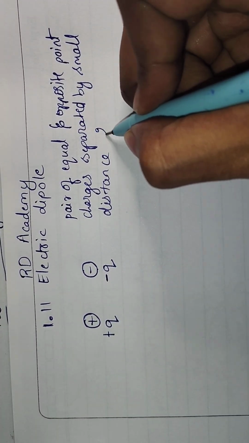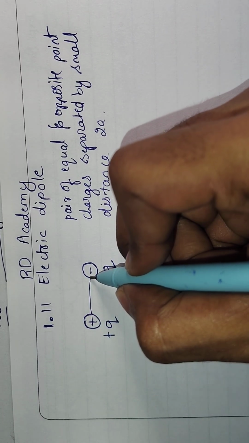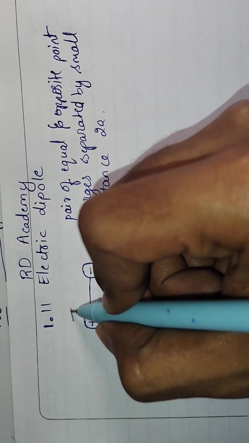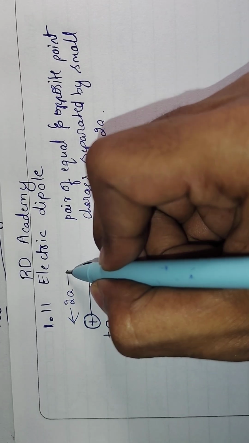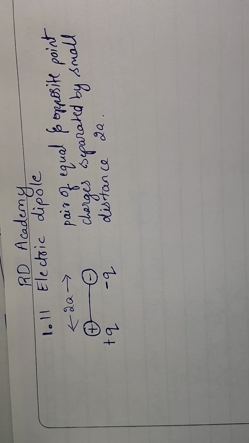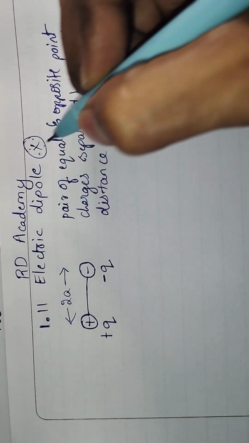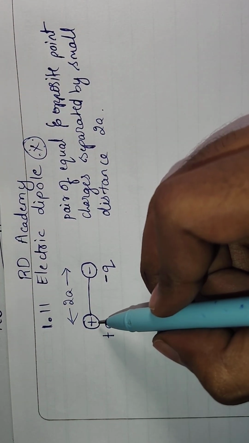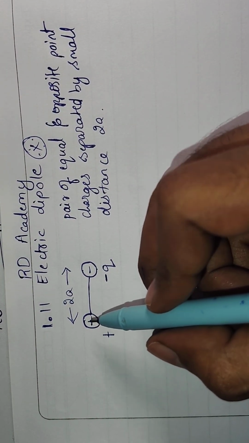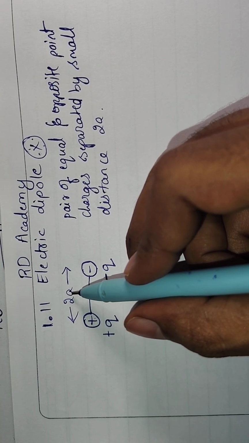What will be the distance between these two charges? It will be 2a. Can you define an electric dipole? The definition is important from your examination point of view. So an electric dipole is a pair of equal and opposite charges separated by a small distance 2a.